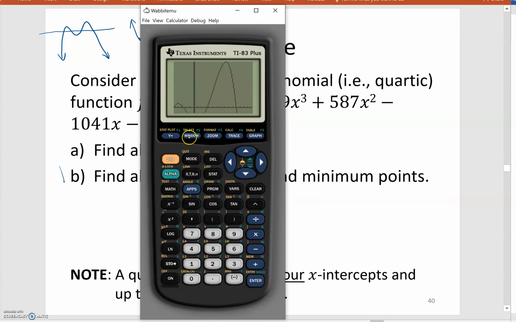So now I'll just do zoom fit with this picture that I have, and hopefully that will give me a better image. And it's not, it gives me a worse image. Yeah, I guess you can't win them all.